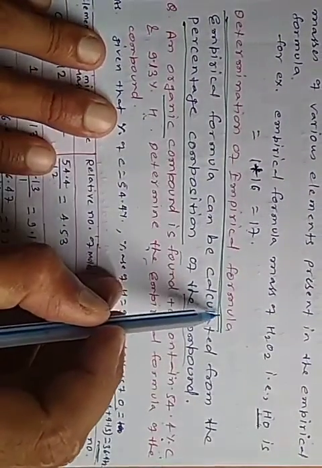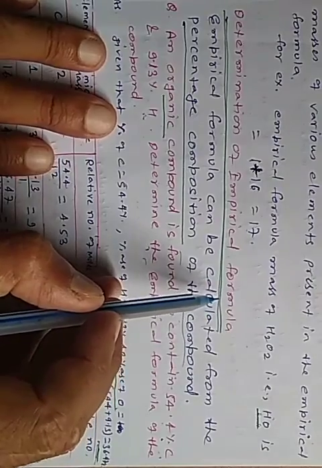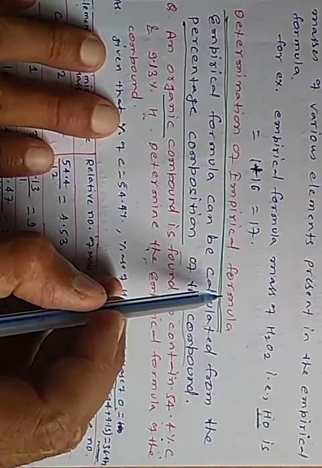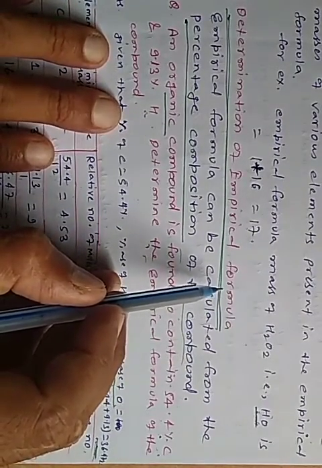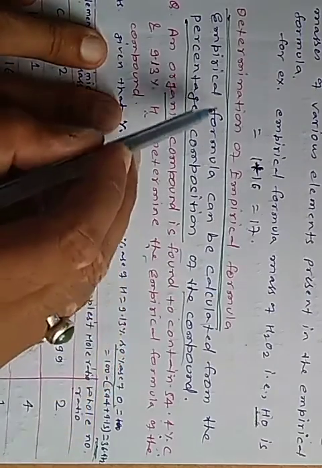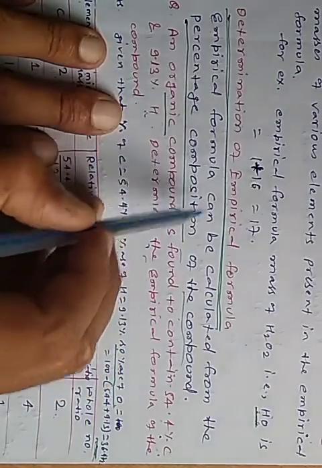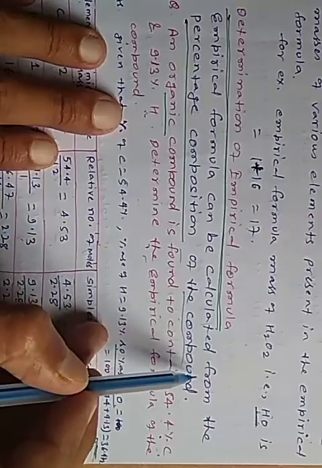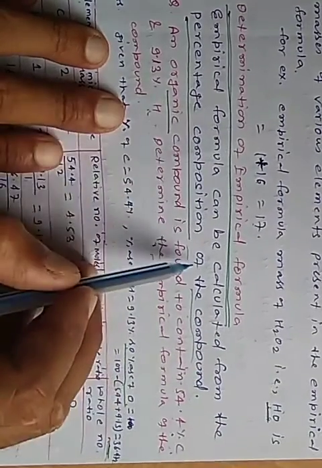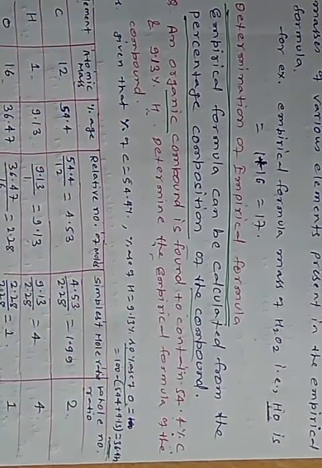Now the next topic, determination of empirical formula. How can we determine the empirical formula of a compound? The empirical formula can be calculated from the percentage composition of the compound.